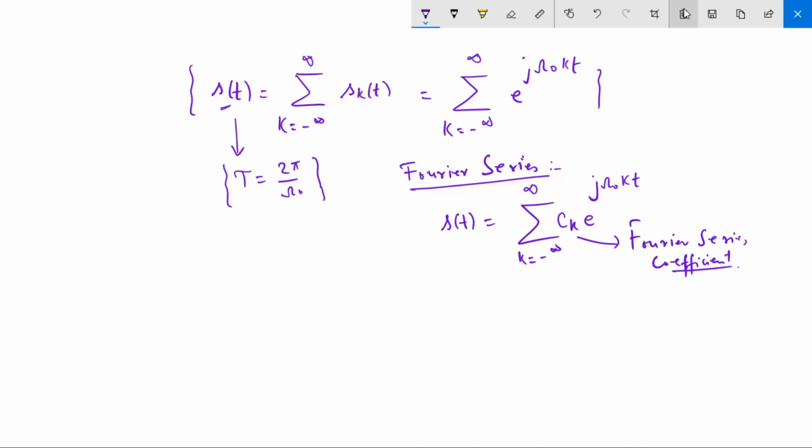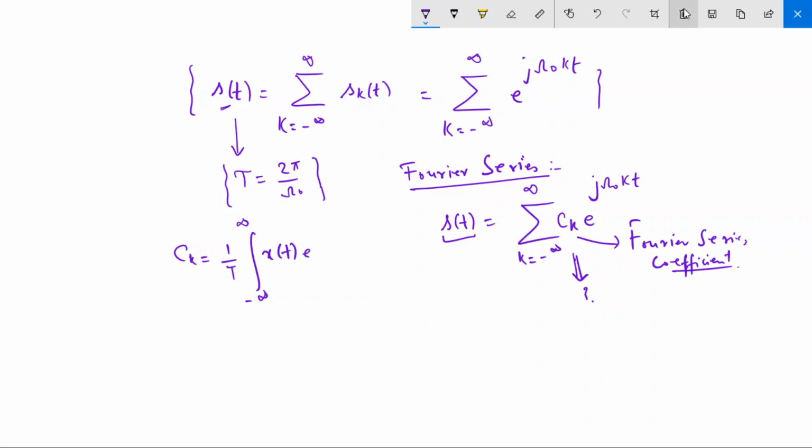And the problem in the Fourier series is just to find this c_k from s(t). Now s(t) will be given to you, which is a periodic signal. You have to find its Fourier series coefficients, and we have an equation for that. You have studied in signals and systems also how you get that; this equation we may discuss later.